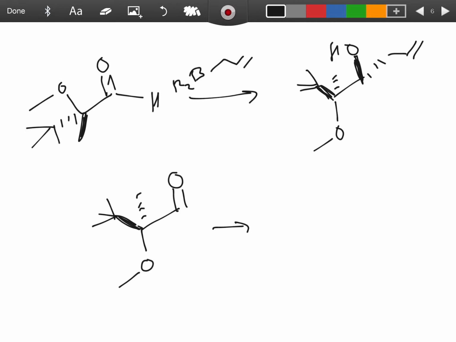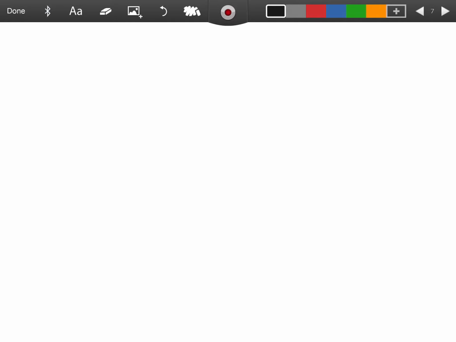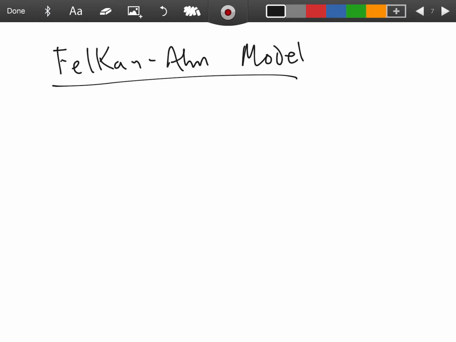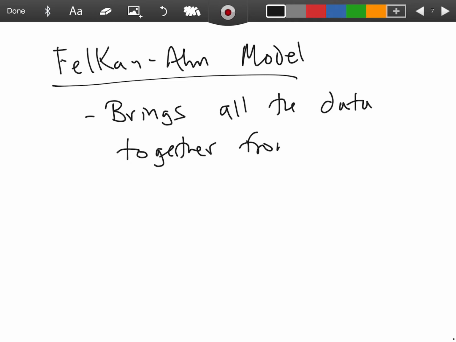So these models that we've talked about, the Cram model and the Cornforth model, were developed kind of early on, and then there was kind of a grand unifying model, if you will, that explained all the different observations of how these worked, and that's the Felkin-Anh model. Right, the Cram and Cornforth models work.